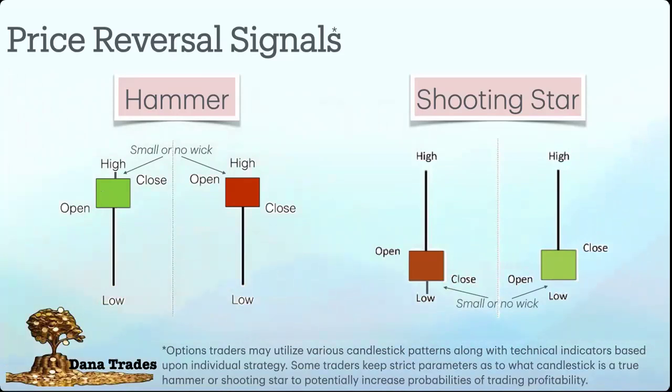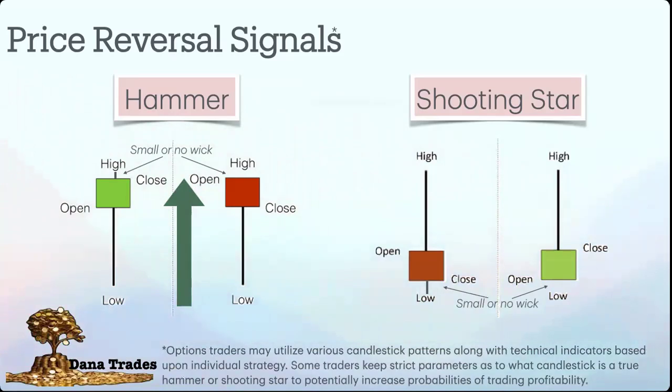With the hammer candle, price went lower but began to advance all the way back to the top third of its entire range. That type of price movement suggests that buyers have shown interest and stepped in to buy this stock. Consider the law of supply and demand.